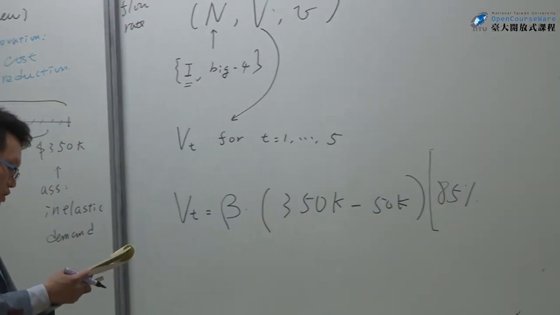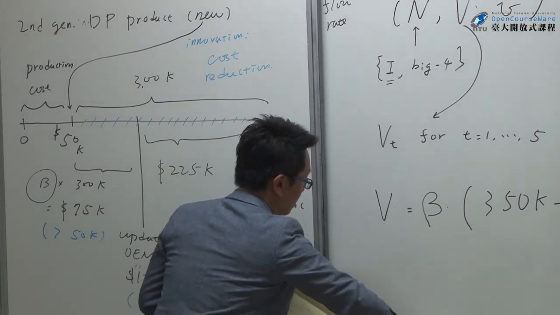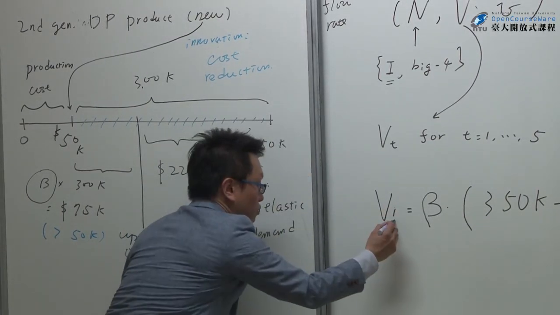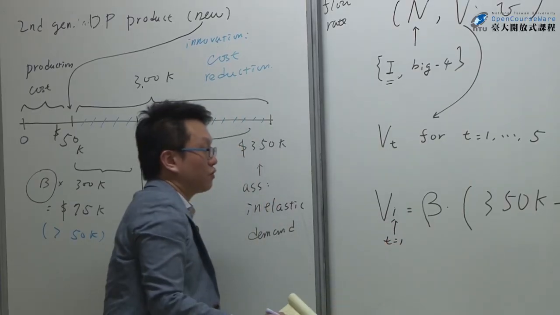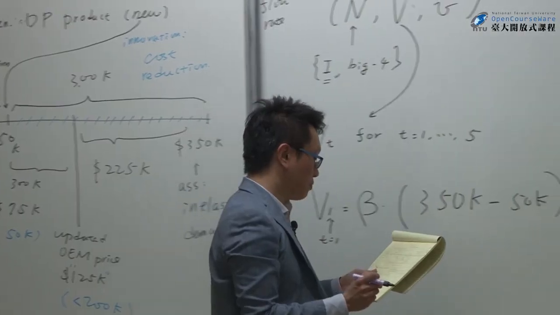And Big Four's market share is 85%. Now let me work on V. The first is T equal to 1. In the first year, the total market share of Big Four is 85%.